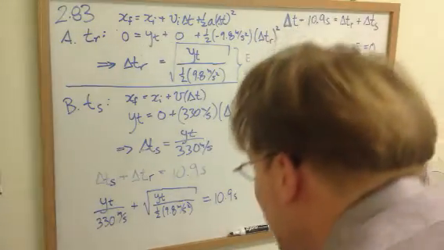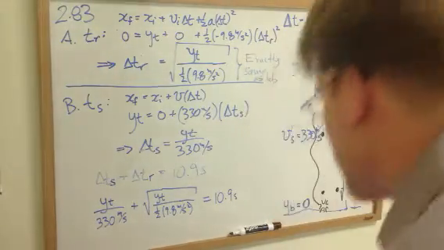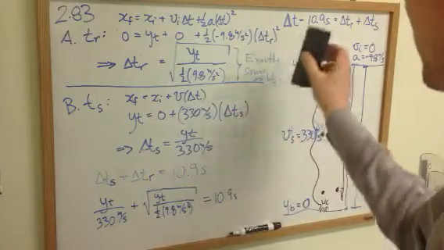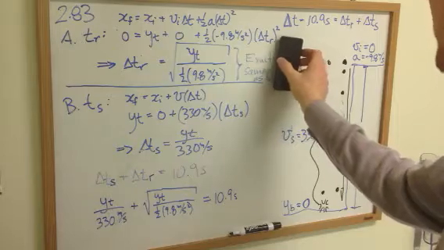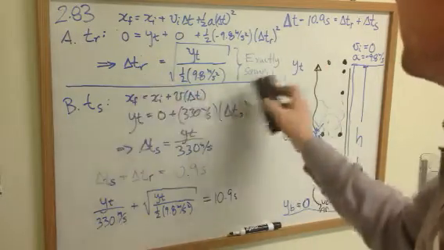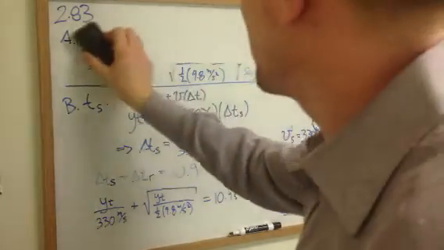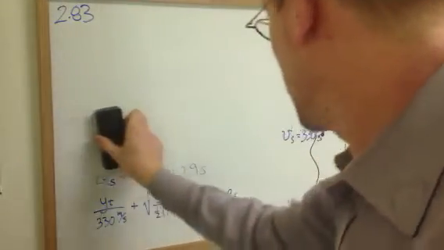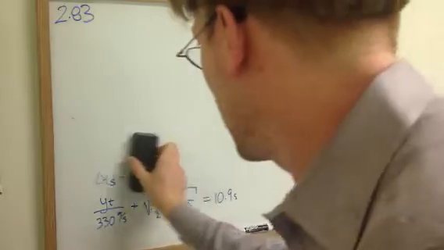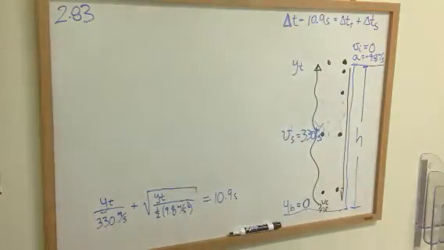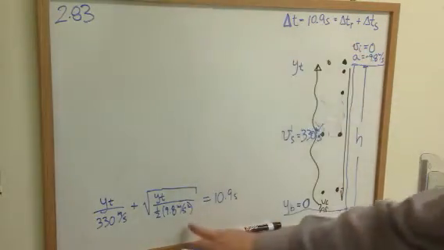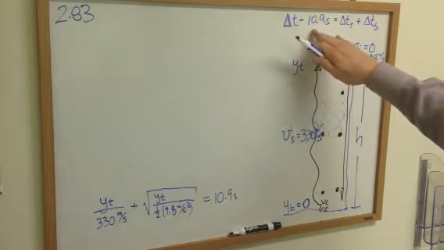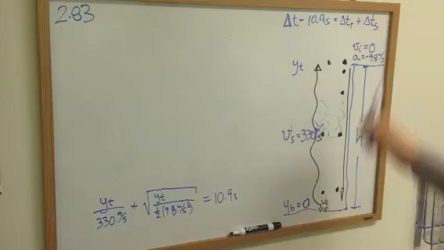Now, it's not very easy to see. So I'm going to erase everything, assuming that people were able to generate these two expressions. And this is a restatement of this equation. 10.9 seconds is equal to the total time.